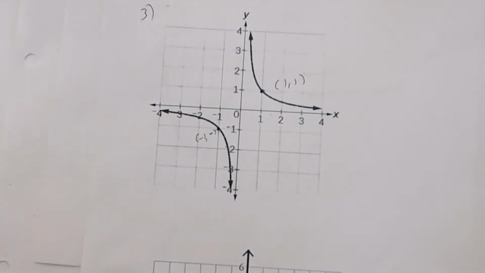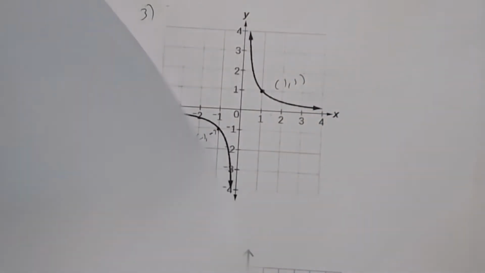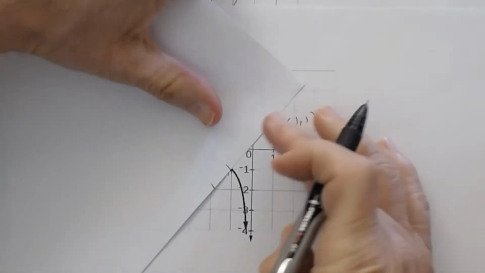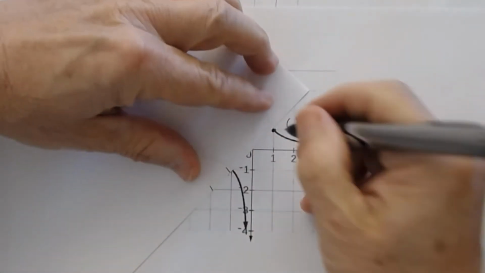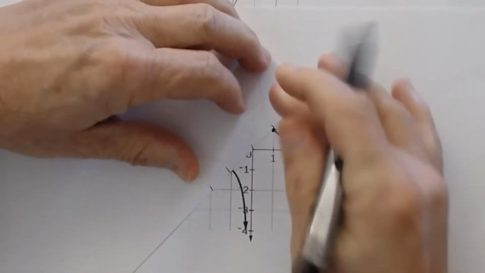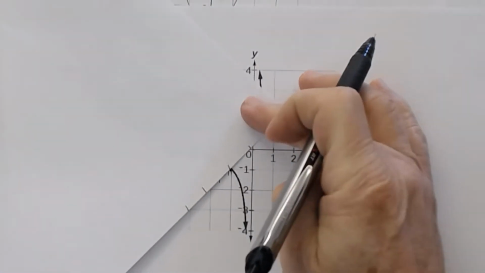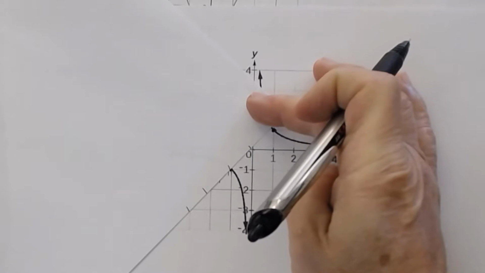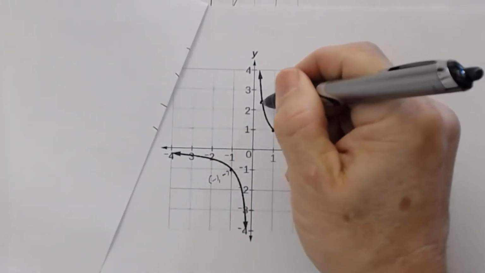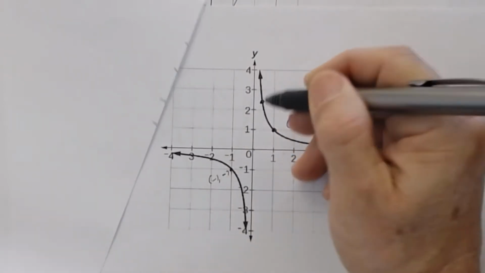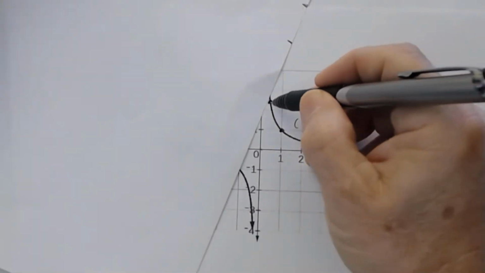But let's look at this in terms of distances from the origin. Here's the origin. Is this distance right here the same as that distance? Yes. Let's look at this distance right here. I'm looking at this point right here. You see what I'm doing? I'm taking this point and looking at it from the origin.